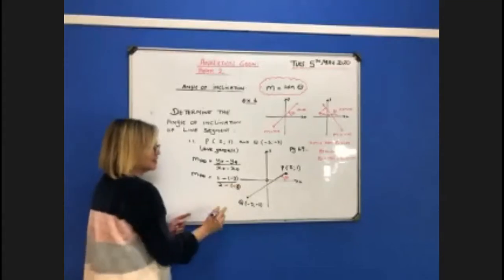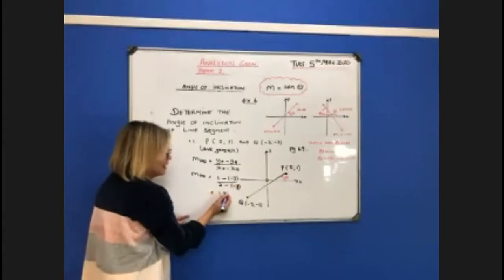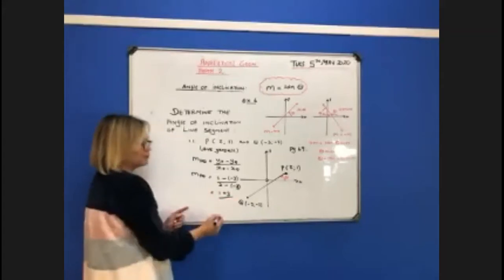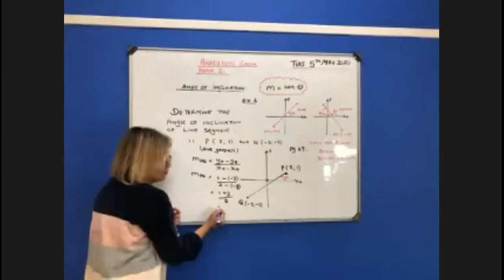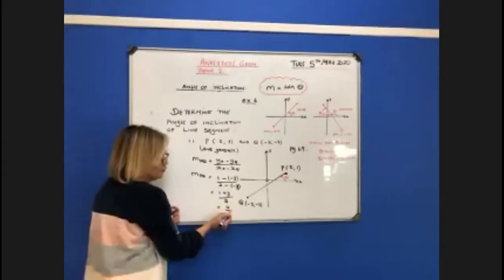Nearly made a mistake there. So we're going to get 1 plus 3, so the numerator will be 4, and 2 plus 3 is 5. So my gradient will be positive 4 over 5.